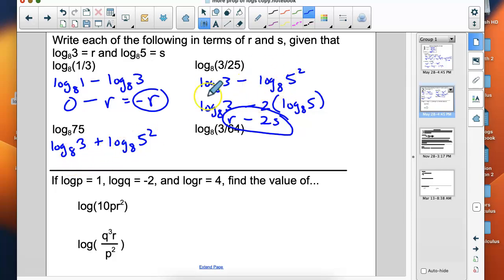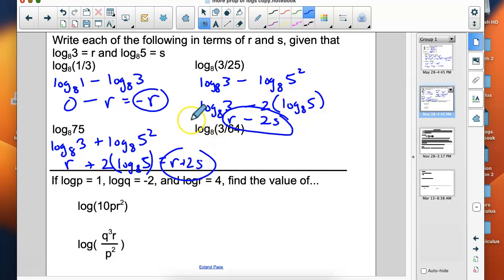So this is really similar to the one I just did. It's just a plus instead of a minus. So this thing right here is r. This thing right here is not s squared, because in order to actually substitute, I would need to move that 2. And now I see that this whole thing right here is s. So my answer is r plus 2s.